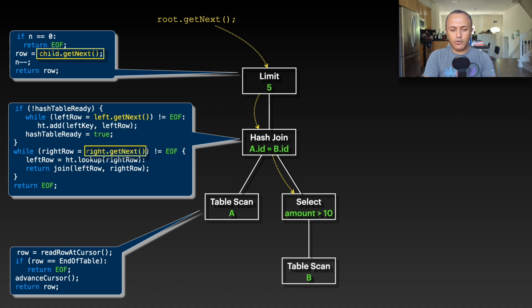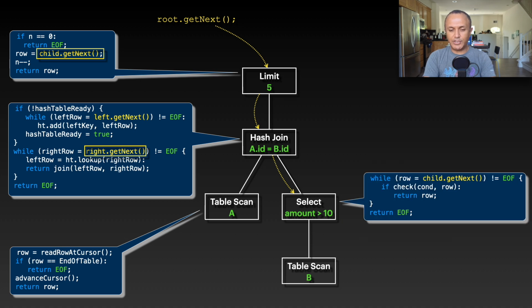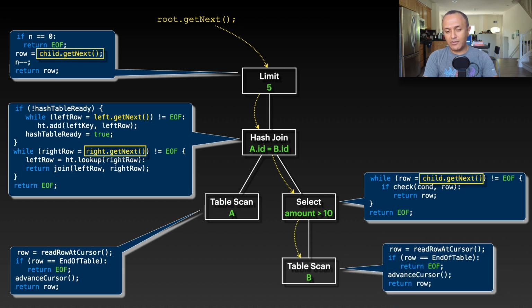So the right child here is the selection node. Again, it needs to get next from its child, which is the scan node. So the scan node is going to return the first row, again moving the cursor and all that. The select node takes that row and applies the condition.